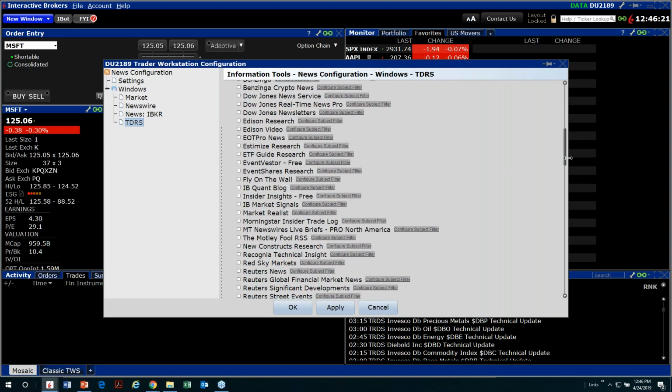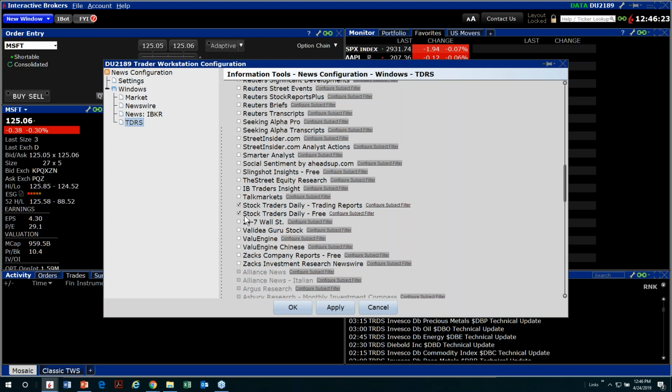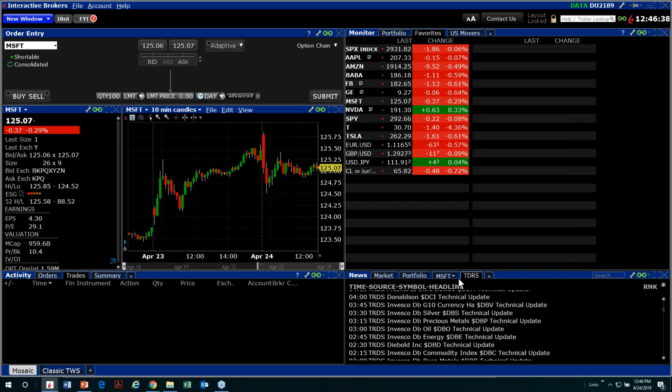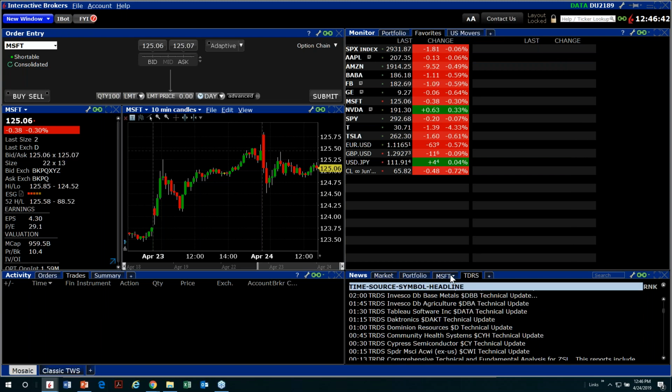And as you scroll down here, you'll see alphabetically listed will be the Stock Trader Daily, the daily trading reports, and then also those free reports as well. So once you've activated this, click Apply and OK, you'll be able to see all of those Stock Trader Daily reports included on this window.